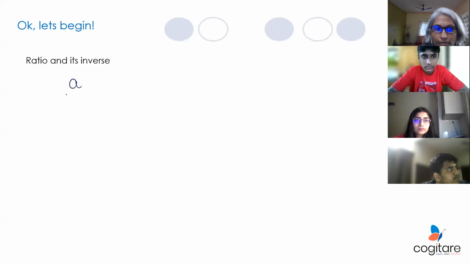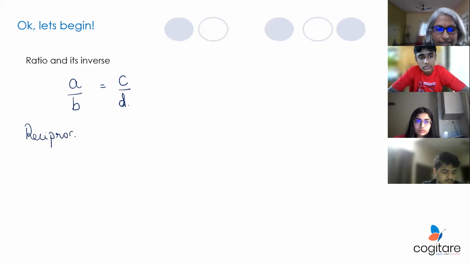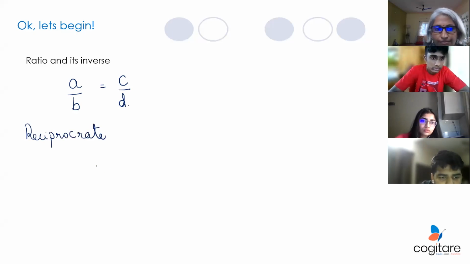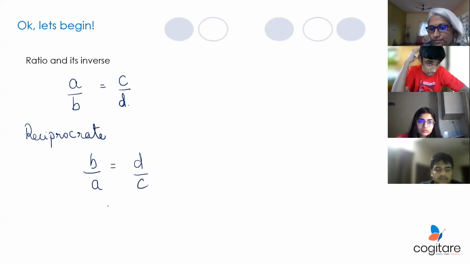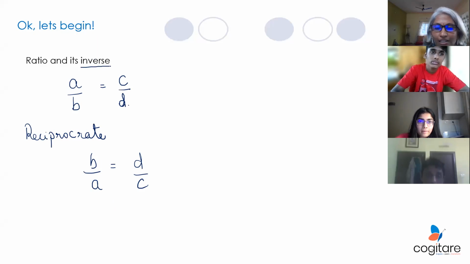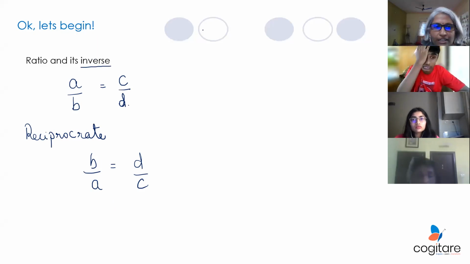A ratio a by b is equal to c by d. Then, if I just reciprocate both sides, what will I get? b by a is equal to d by c. What is this called? Inverted, because what am I doing? I am inversing it, reciprocating it.